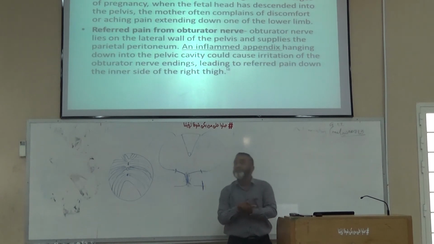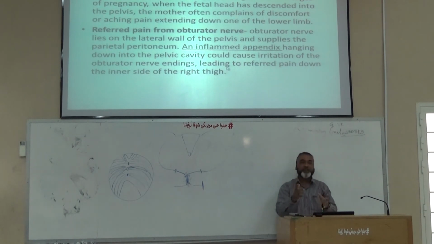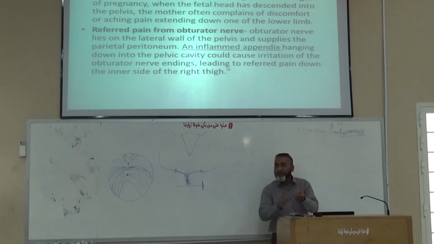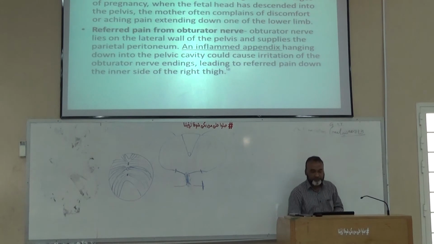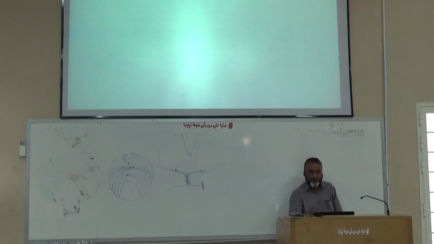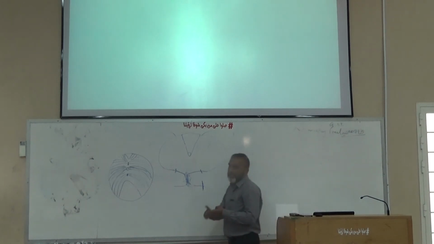The medial side of the thigh. So the pressure effect will go along the area of distribution of the obturator nerve on the right side, not on the left side. This is named as referred pain.